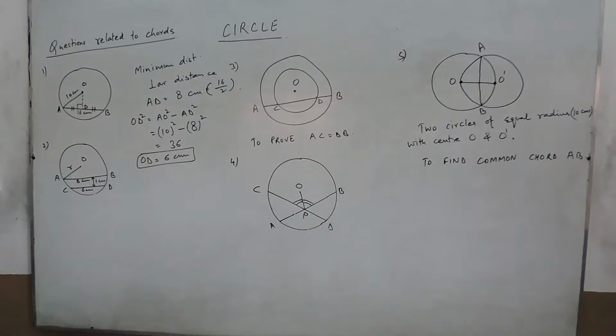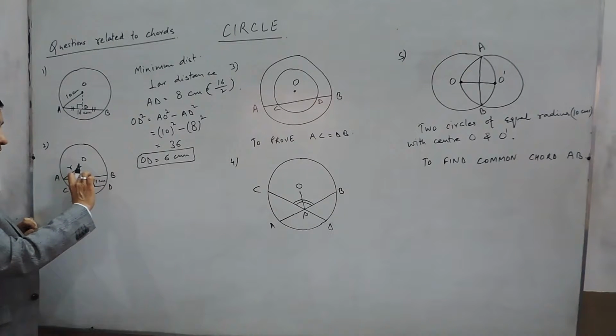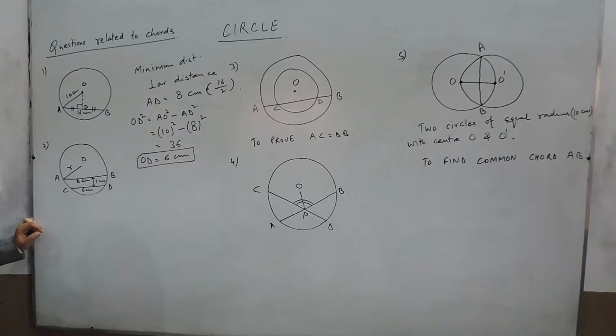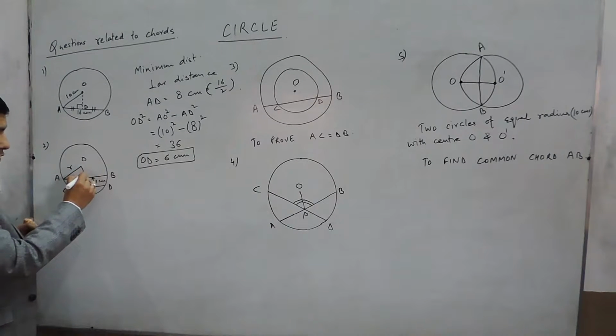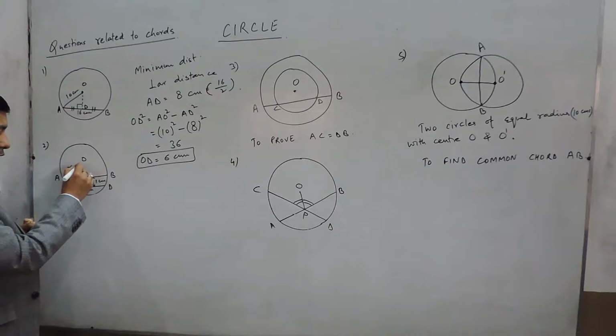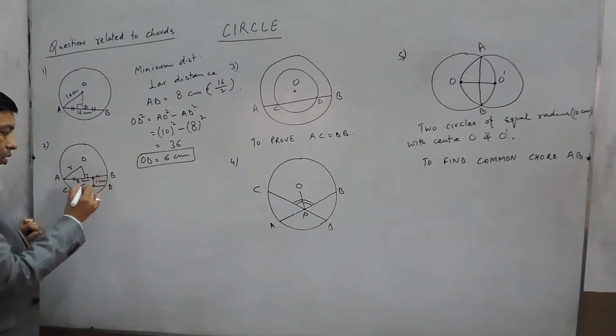There can be another question where two chords are given to us, and we know the distance between the two chords is 1 centimeter. We already know that a perpendicular from O to the line AB will bisect this chord.